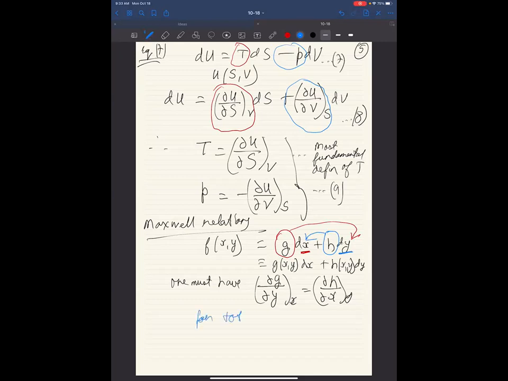This is the condition for a total derivative to exist. I think it's got a name, Euler's relation or something like that. Doesn't matter, but remember the equation, okay?